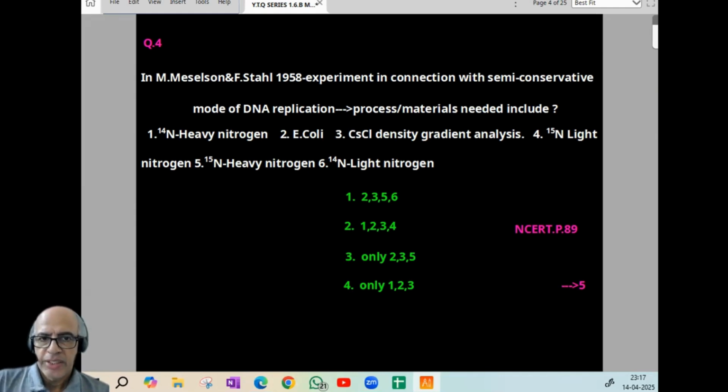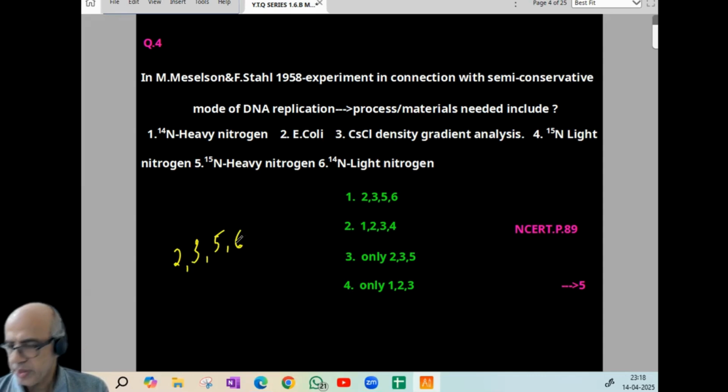Third is cesium chloride density gradient analysis, it is required. N15 light nitrogen, N15 is not light. Then the fifth one, N15 heavy nitrogen, that is required. And N14 light nitrogen is also required. So we find the second, third, fifth, and sixth are the correct requirements. So option wise, 2, 3, 5, 6, it is option 1. I think the idea is clear. Now we can proceed to the next one.